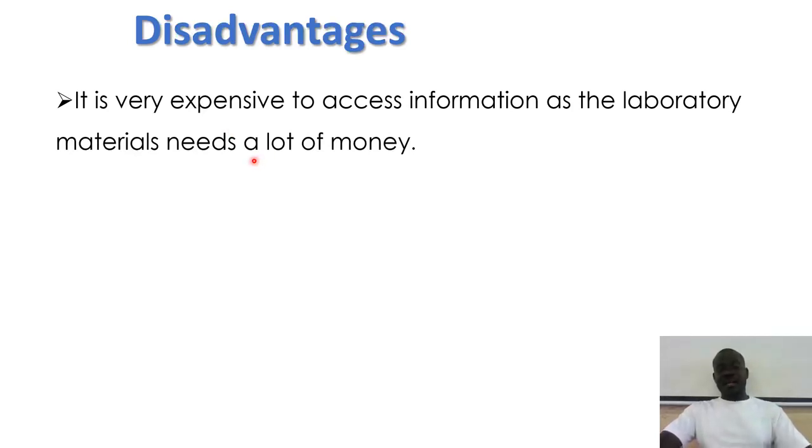There, using the laboratory materials, it is very expensive. Because once you find an artifact, on its own, it cannot tell you anything. You have to go with it to the lab in order to at least make suggestions.